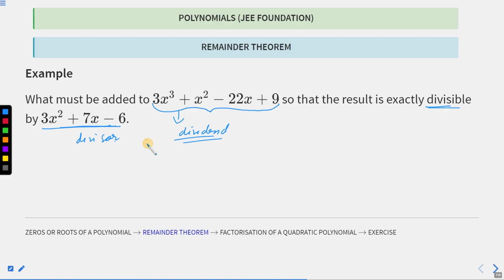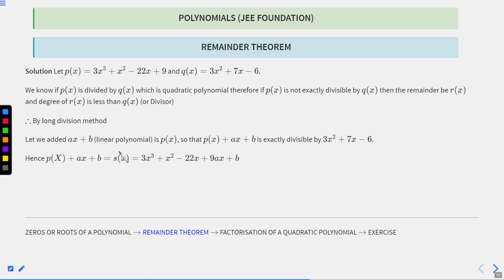How we are going to do it is quite simple. Just use the long division method if you can. Let's see the solution, what approach we will be taking. So here our p(x) is this, and q(x) is this.